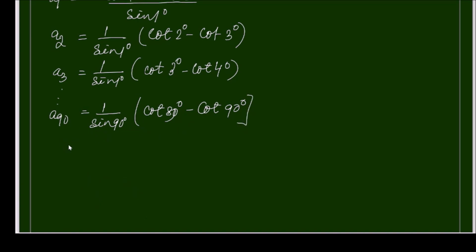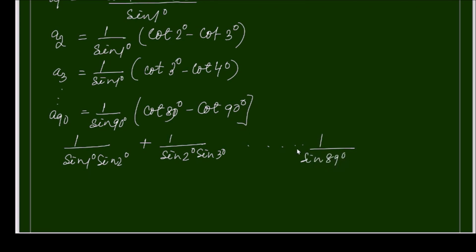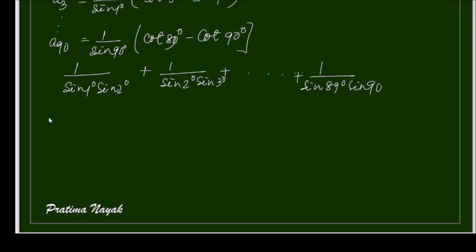The question is given as 1 by sine 1 degree sine 2 degree, plus 1 over sine 2 degree sine 3 degree, and the last was 1 over sine 89 degree sine 90 degree. So we multiplied 1 over sine 1 degree in both the numerator and denominator.